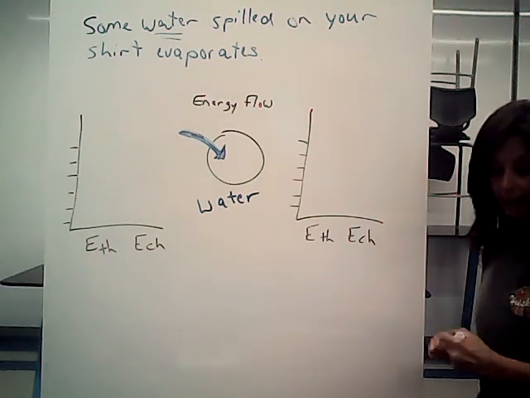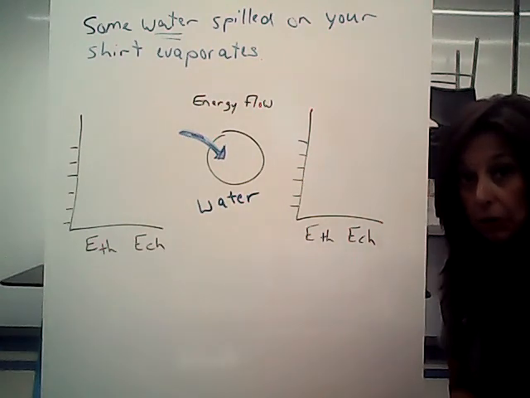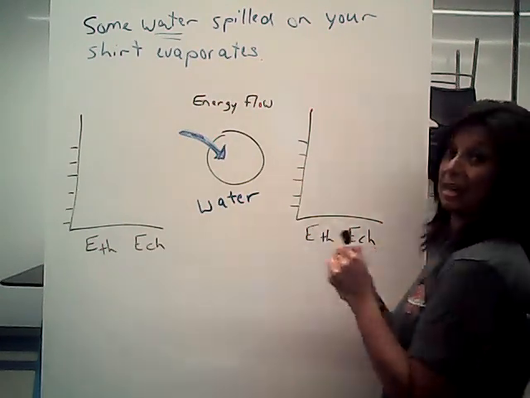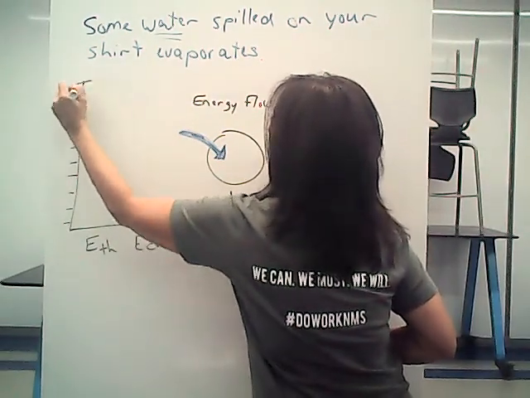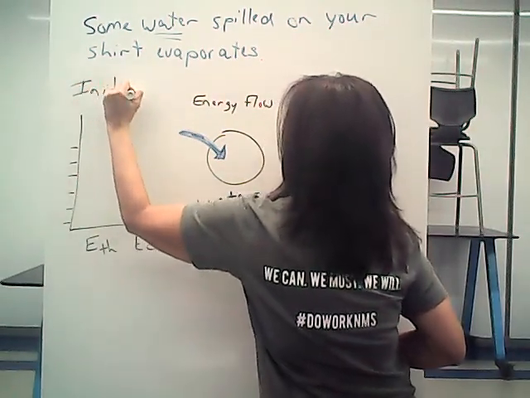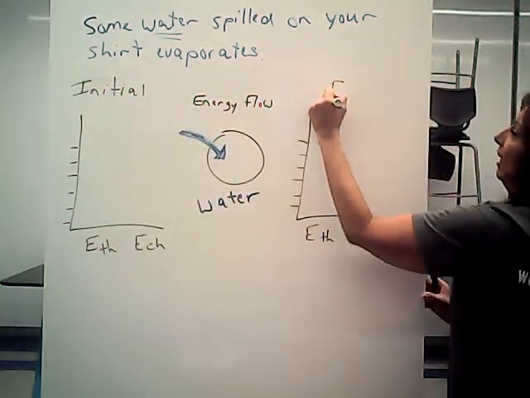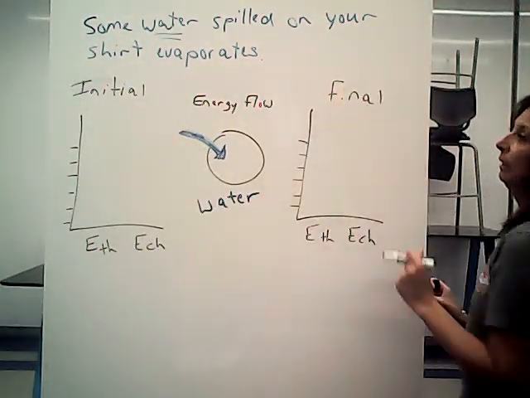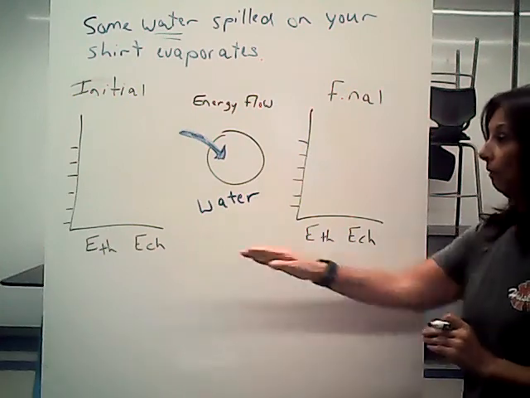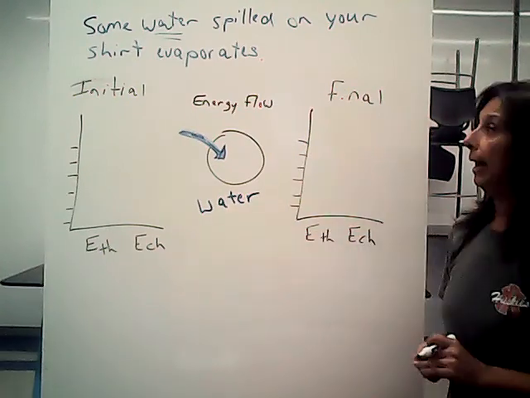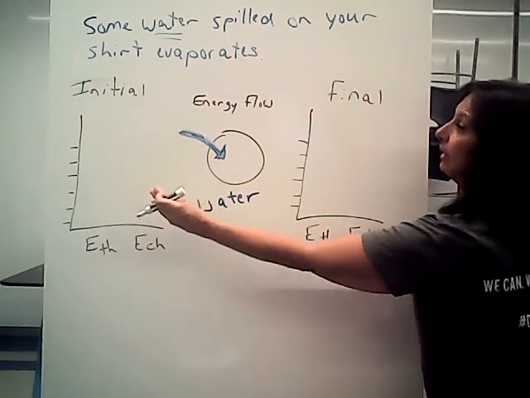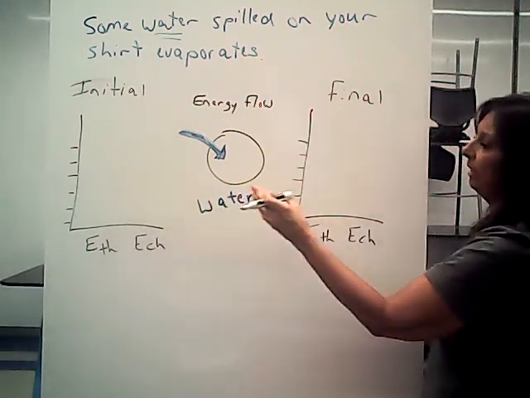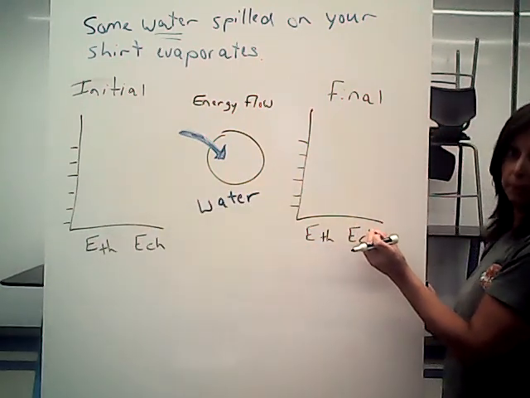All right, so now let's show what that energy transfer looks like from the initial temperature to the final temperature of that substance or of that H2O, okay? So initially, as a liquid, is it going to be more or less than the final? That's what we need to decide.